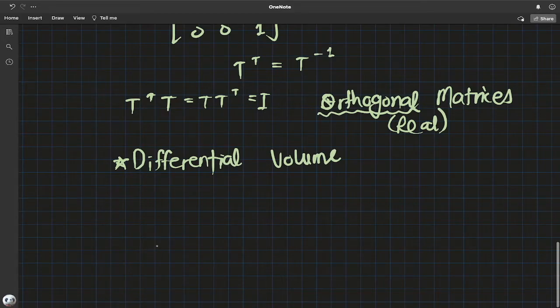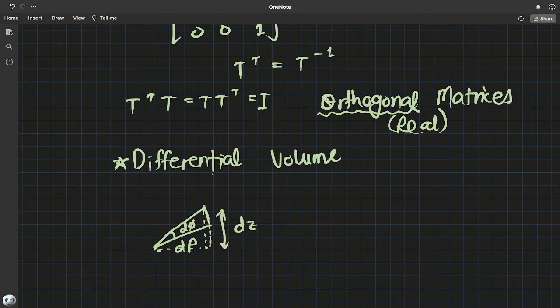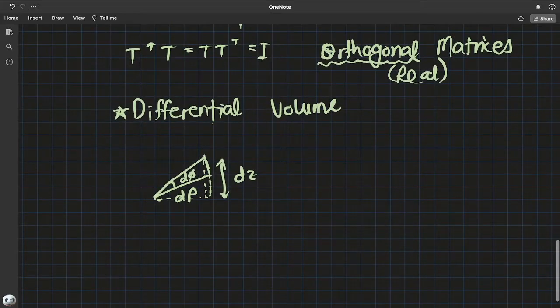So if you have this, say d rho, subtending some angle, call that d phi, and this angle is small so that this arc length curvature is pretty much a straight line, and then the height that this entire thing subtends is dz. So this looks like some sort of wedge, some slice of cheese.